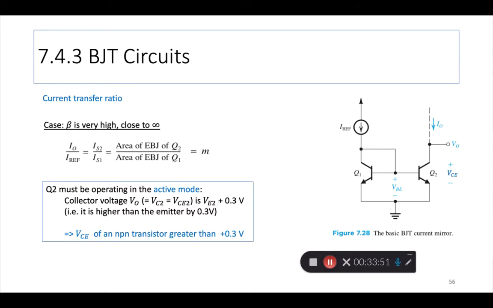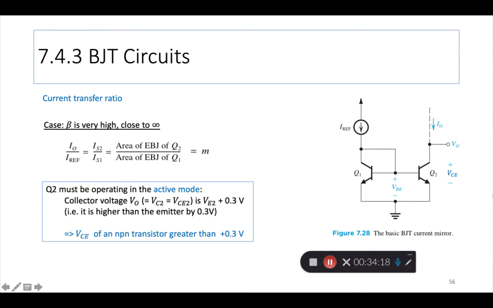For MOS circuits, you know that there is no gate current, so all current can be assumed to just flow from drain to source. But with BJTs, now I should change my terminology: emitter, base and collector.